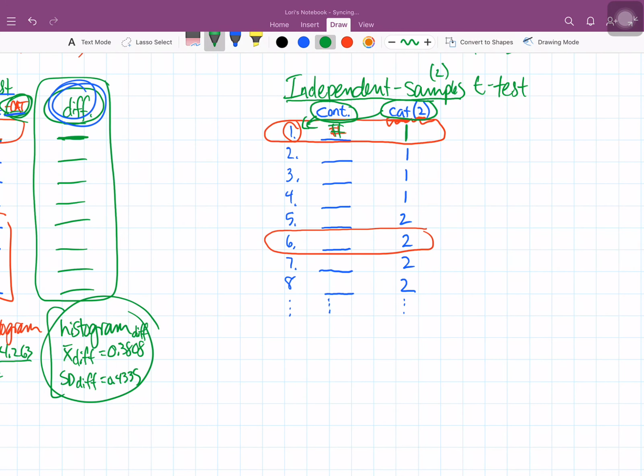Therefore, when we are looking at the descriptive statistics, I'm just going to pretend that we have a data set that only has 8 people in it, 4 in each group, but this ellipsis down here at the bottom really means that this continues on. Very rarely would we do something with a sample this small.